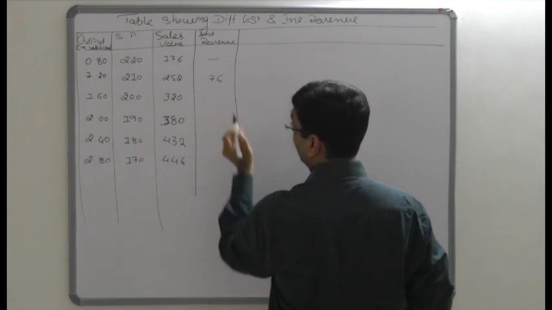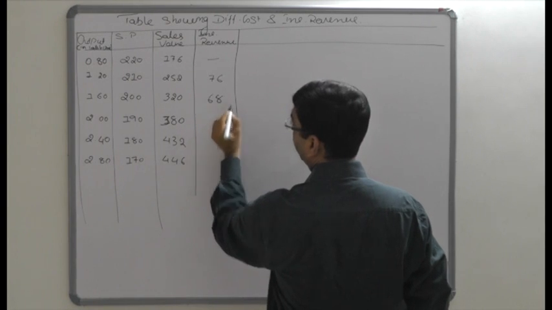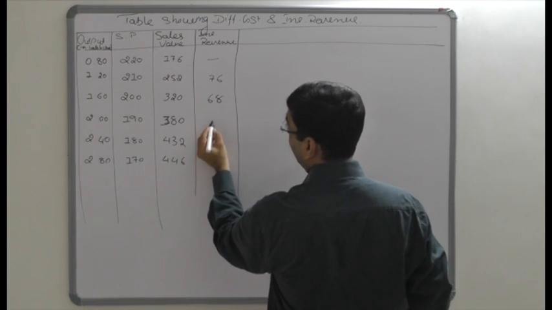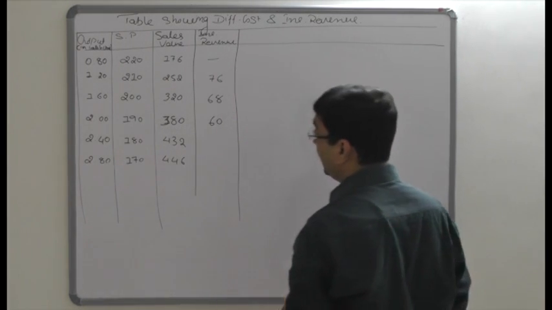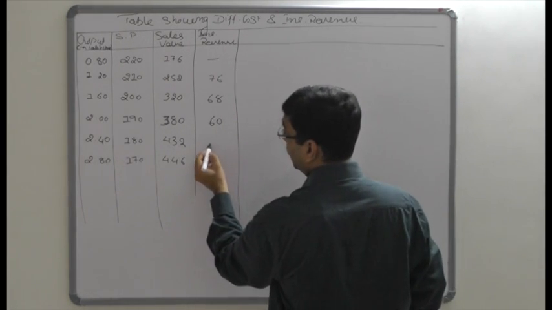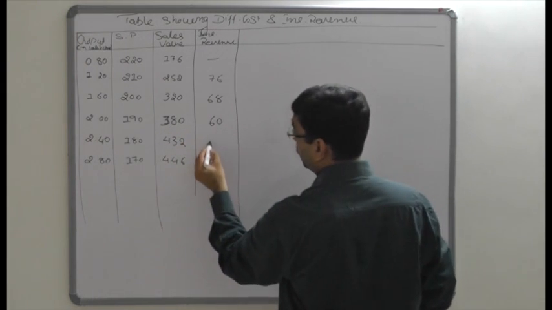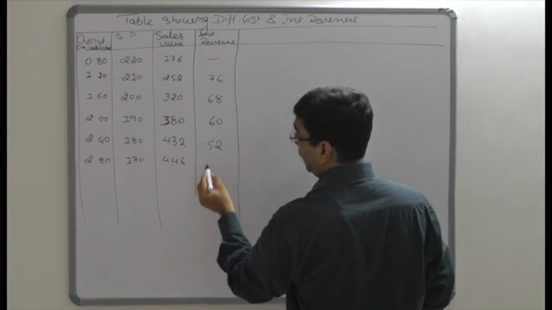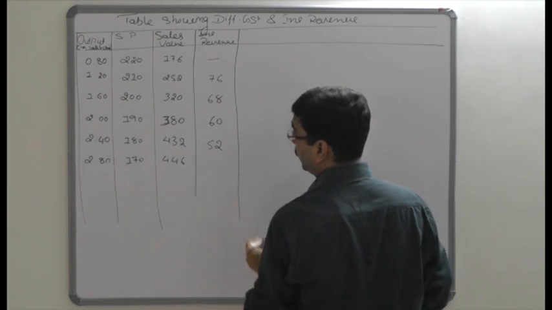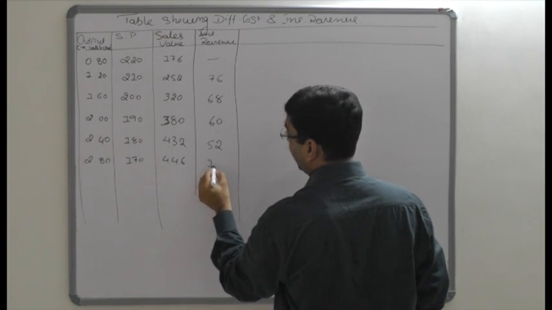So here 320 minus 252 comes to 68. Then 380 minus 320 comes to 60. Then 432 minus 380 comes to 52. And 446 minus 432 comes to 14.